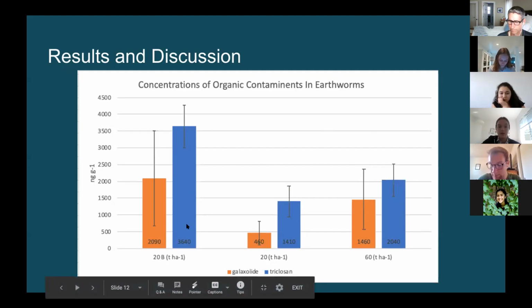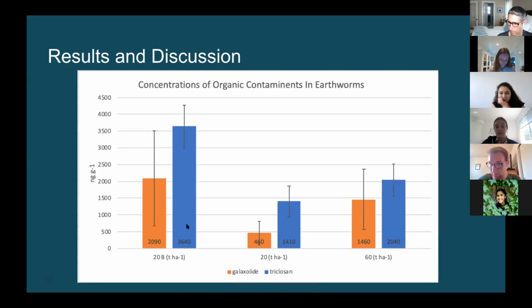And so there was a lot more of the triclosan in the earthworm compared to the galoxolide. And then here you can see there's a large standard deviation from the mean, because this bar is fairly large.